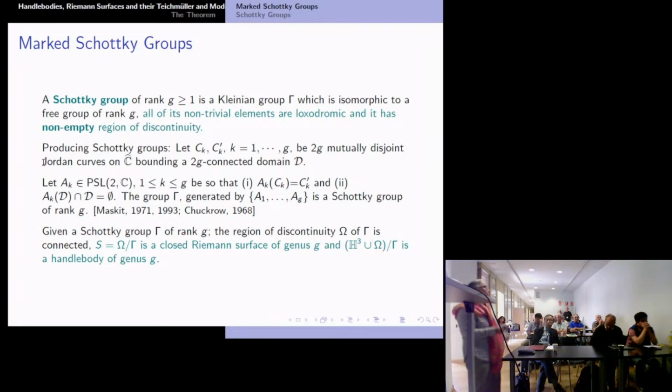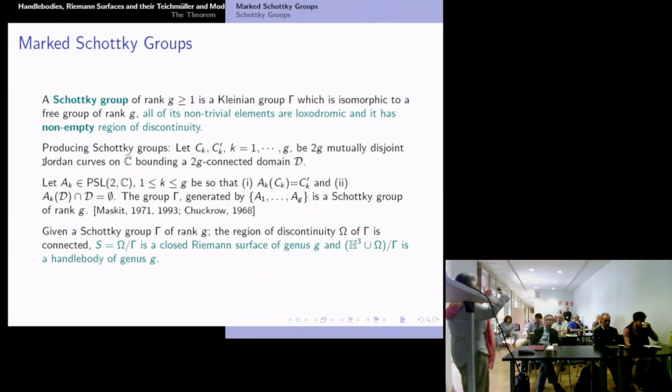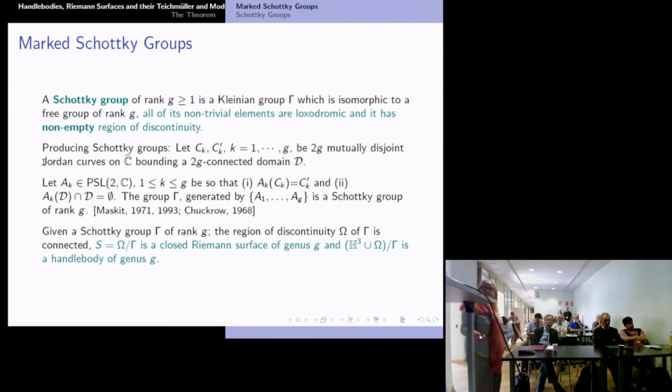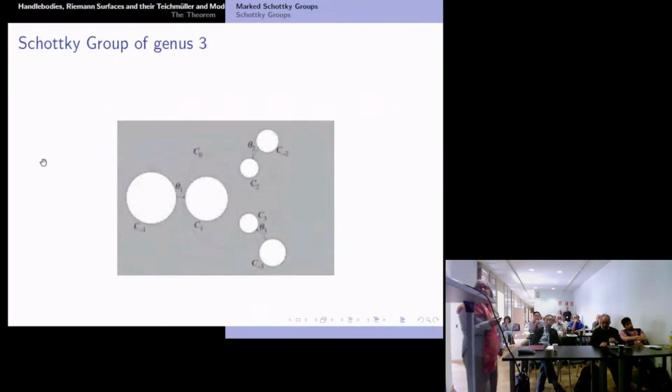You take 2g disjoint circles, and you take loxodromic elements that map one circle to the other in such a way that the unit disk is mapped. So the domain is there, and then we get a handlebody, with boundary, because we wanted a non-empty region of discontinuity, a Riemann surface of genus g. We also call these Schottky groups of genus g, and this is a group of genus 3.